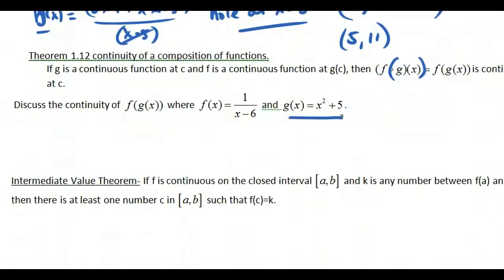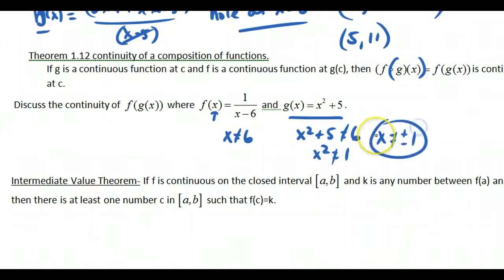Since this is g of x, and that's going inside of f, when I look at f, f does not equal 6. Well, if I plug g in there, that means the y-coordinate of g cannot equal 6. So x squared plus 5 cannot equal 6, and so x squared is equal to 1. So x cannot equal plus or minus 1. So for our domain for f of g, I cannot plug in 1 or -1.